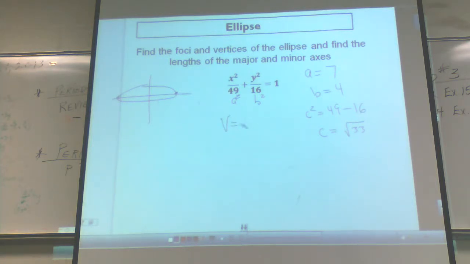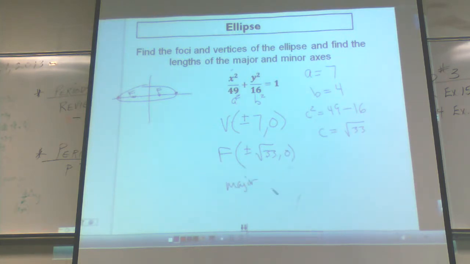My vertices now are on the x-axis because I know the bigger number's underneath the x. So the plus or minus goes on the x, 0 is on the y. Okay? Focus points, again, the x-axis is where the two focus points are going to be. Right, there's one, there's the other. So this is plus or minus square root of 33, 0.